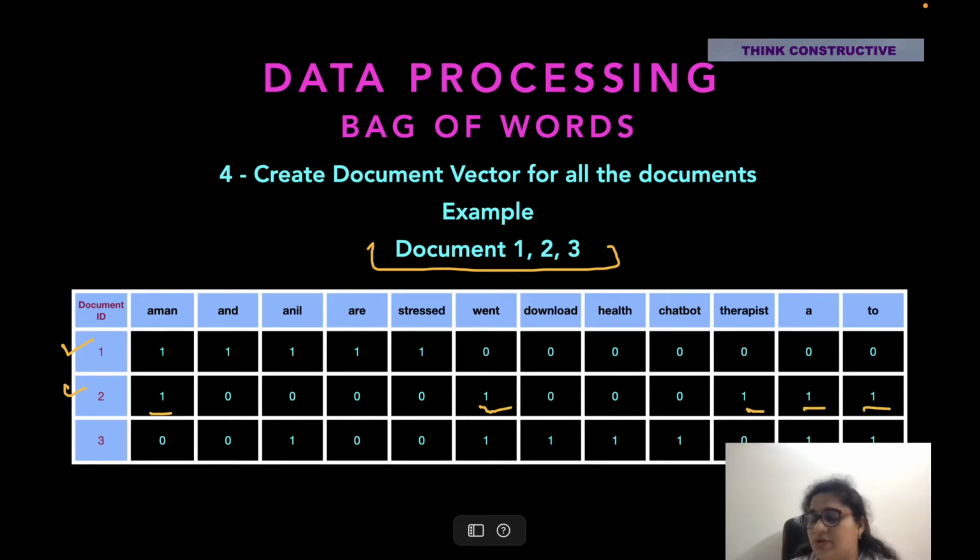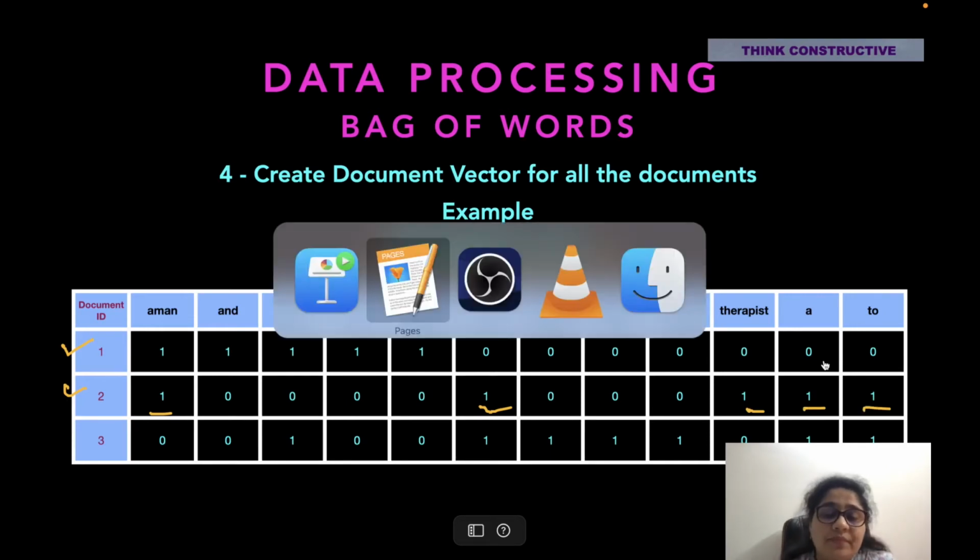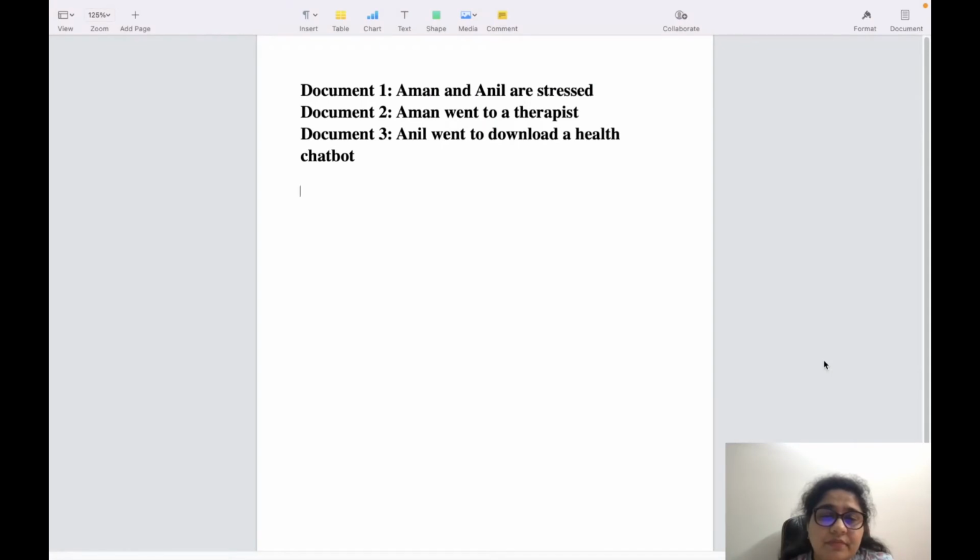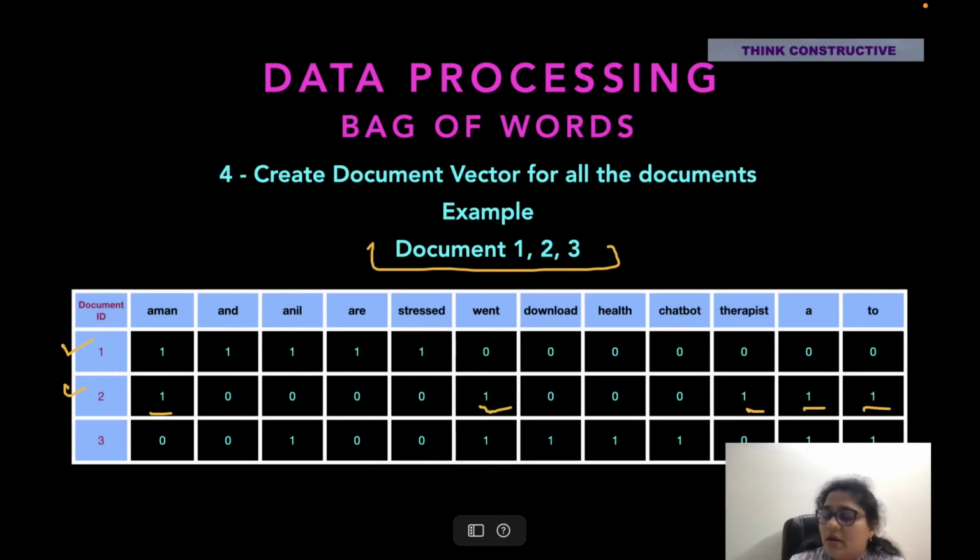Once, twice, once. So what was document 2? Aman went to a therapist. Okay. Aman went to a therapist once. And every other word is 0, because they are not at all occurring in document 2.